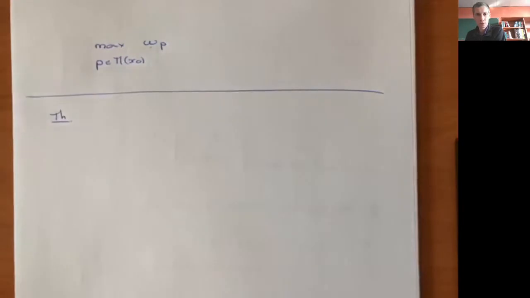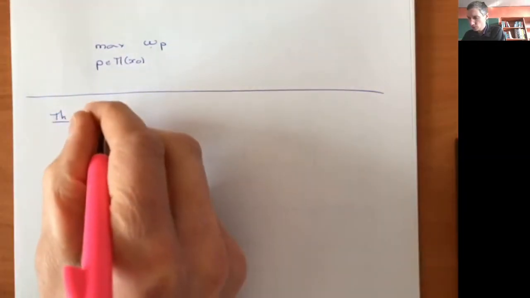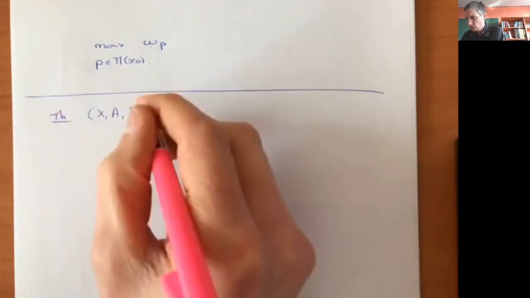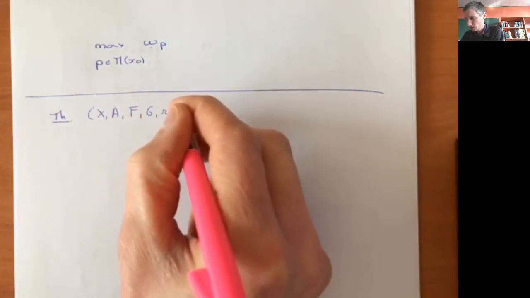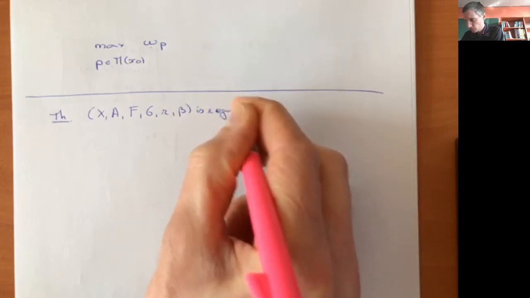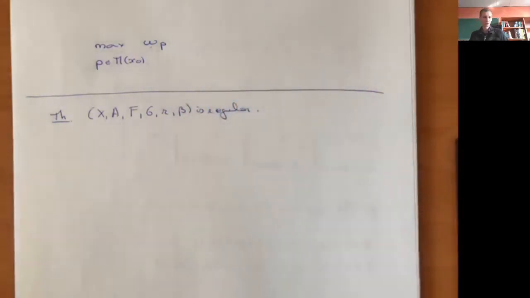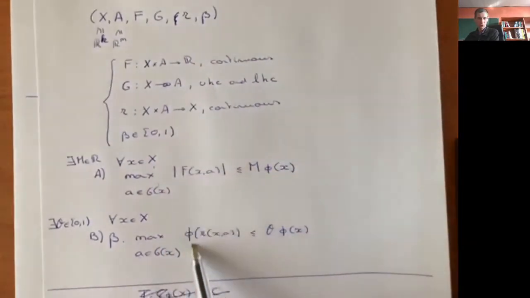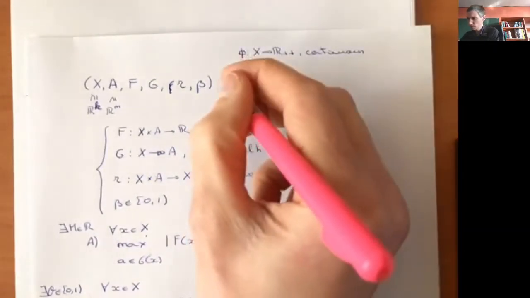So our first result: we're starting from a regular problem as before, G, R, beta. So let this be regular, which means that it satisfies all these conditions, right?